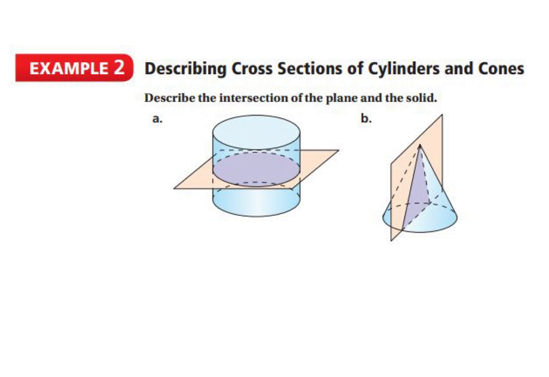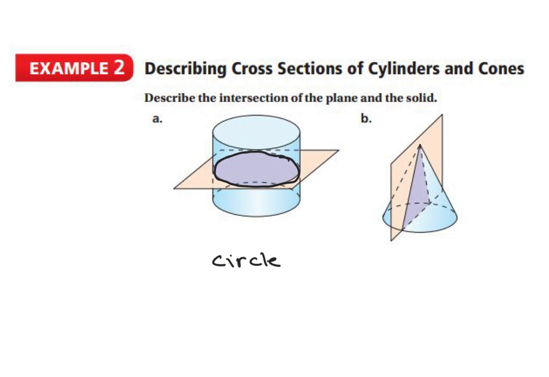In example 2, we're now describing cross sections of cylinders and cones. And you can see the orange cross section here going straight through the cylinder. That is going to give you a cross section that is a circle in the exact same shape and dimensions as your base. And for B, now we have a cone, and that cross section is being taken straight vertically through the height.